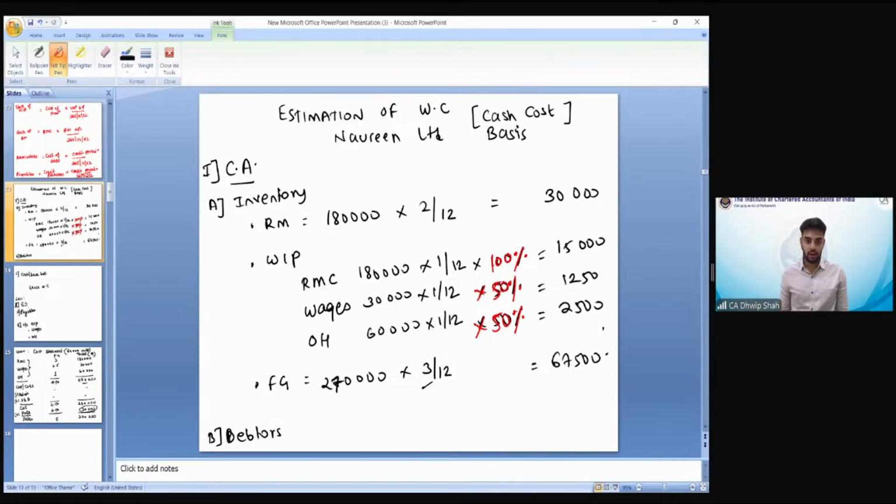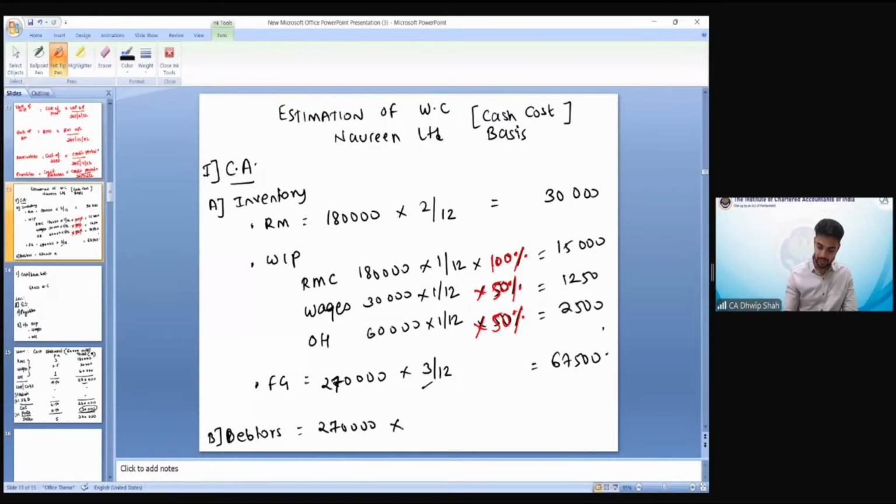Followed? Now next, debtors. Debtors, the formula was cost of sales into credit period given to customers, or you can say debtors holding period, divided by 12. Correct? So cost of sales is 270.